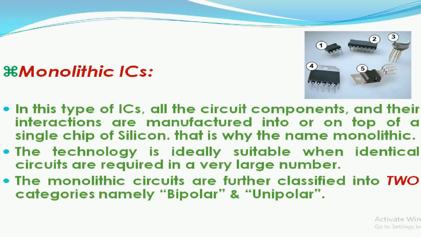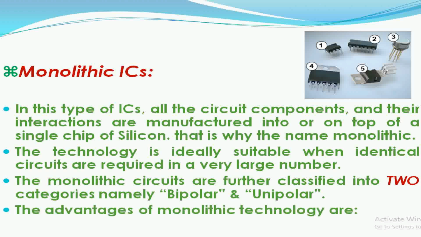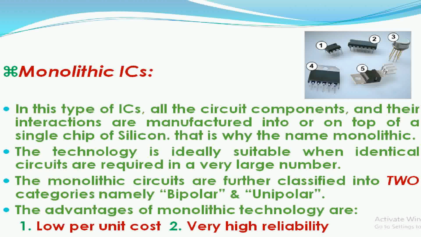Monolithic circuits are further classified into two categories, namely bipolar and unipolar. The advantages of monolithic technology are low per unit cost and very high reliability. In mobile phones, we use these monolithic ICs.